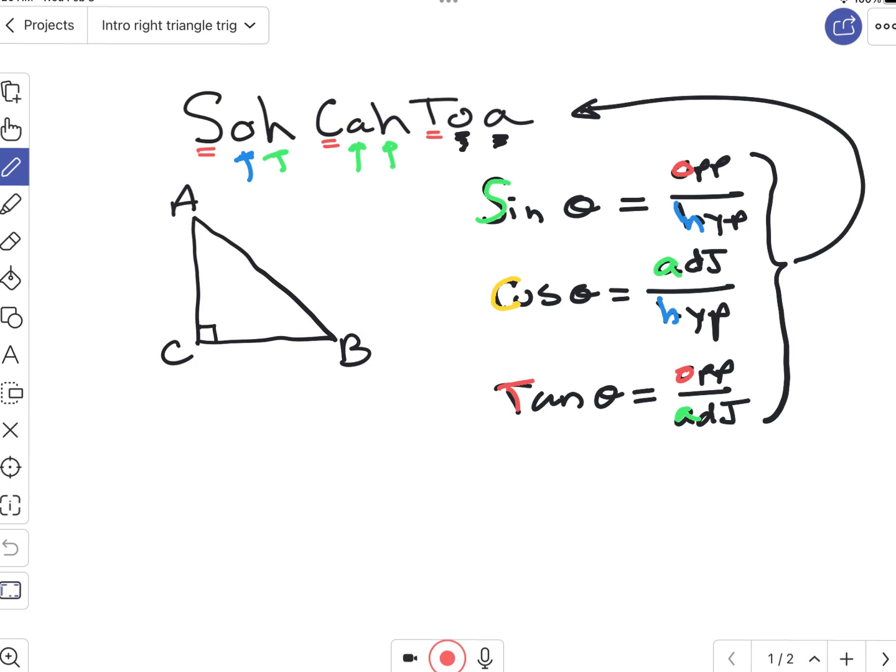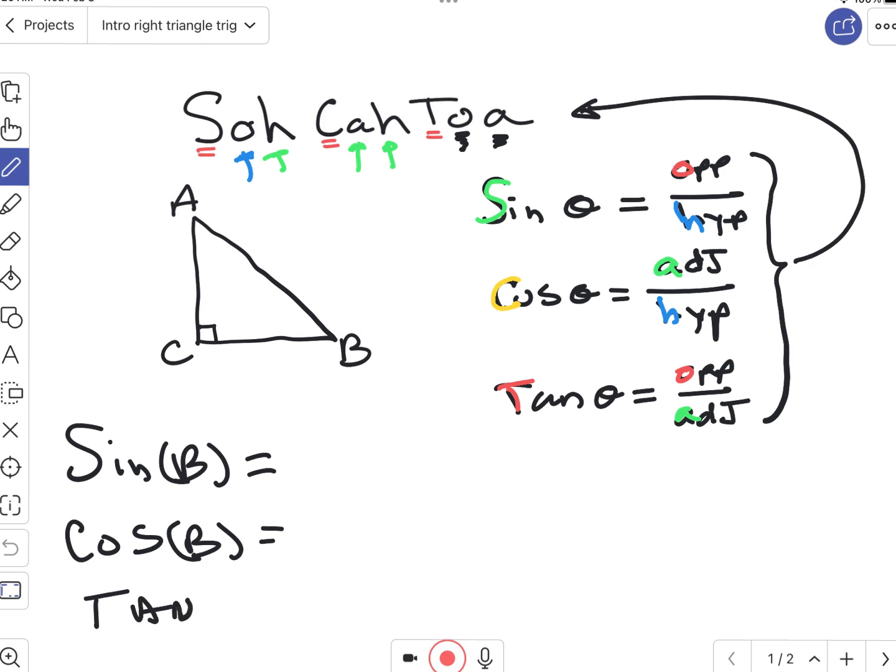So let's see how that would work. For an example, if I asked you to write the ratio of sine of B, cosine of B, and tangent of B, do you remember how this works? If I want to write the sine of B, I am referring to this angle here, which is B, because that's the angle they are asking me to look at. And remember, if you look at SOA, that means opposite side.